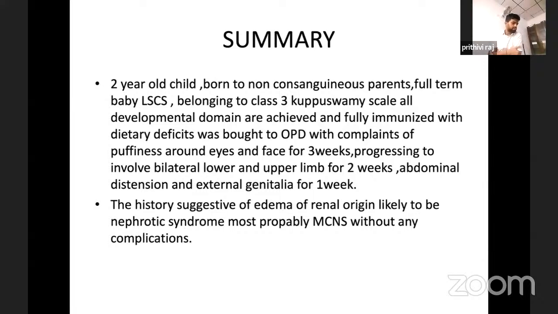One is, you told, okay, what do you mean by fully immunized child? What is a completely immunized child and what is a fully immunized child? When you say the child is fully immunized and when you say the child is completely immunized.